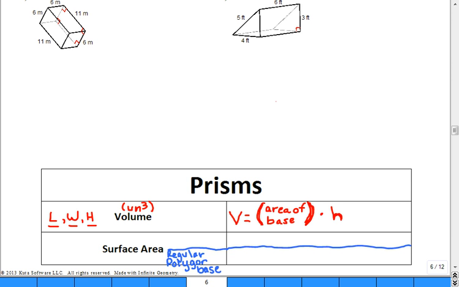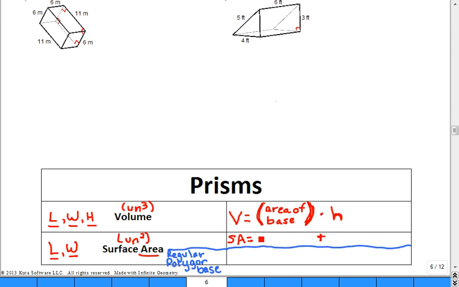Now we're going to talk a bit about the surface area. So we're dealing with area here. Area has length and width, so 2 dimensions. Area is measured in units squared. When we're dealing with prisms, we have to deal with both the bases and the faces. So we're going to have 2 pieces to deal with.